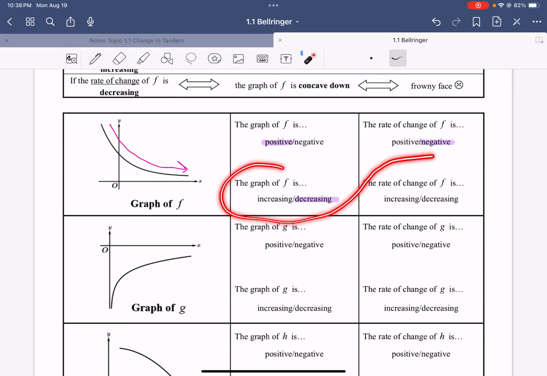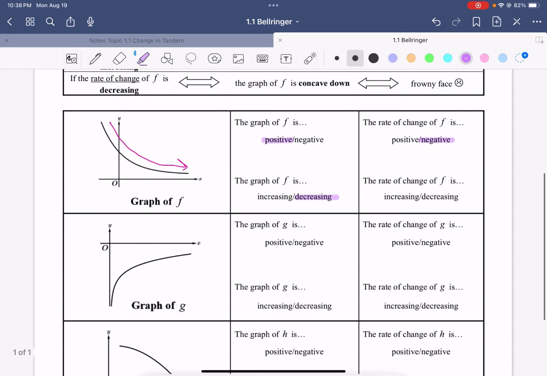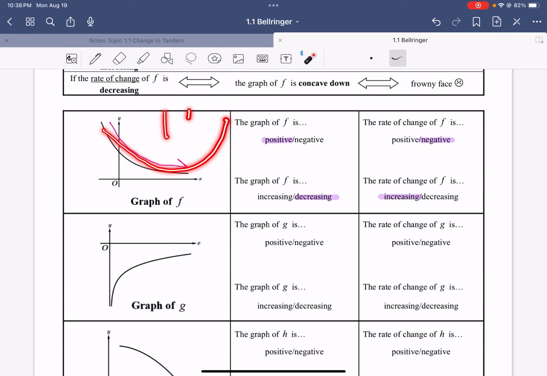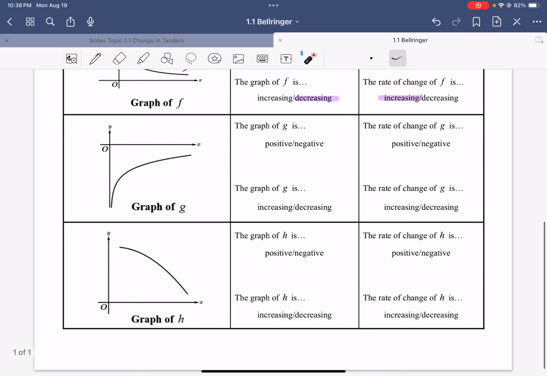So remember that these two are two different ways of asking you the same thing about slope. Okay, so decreasing or the rate of change is negative. Now, lastly, we have the rate of change of f would be increasing because it is a smiley face, it's concave up. The graph of g is negative because it is below the x-axis.